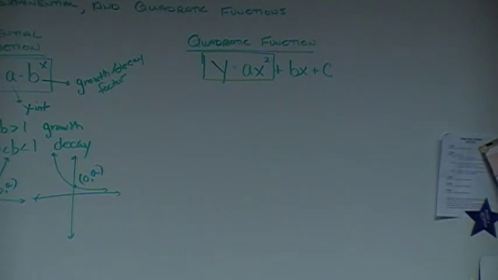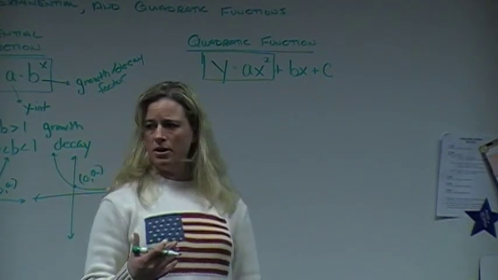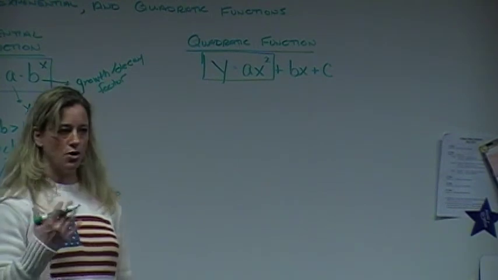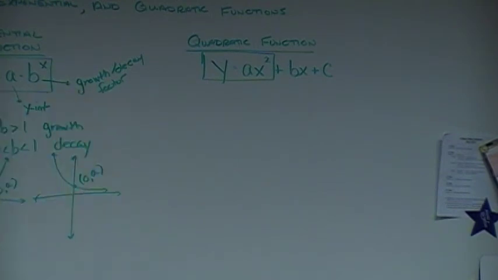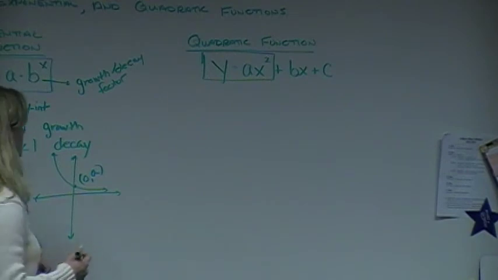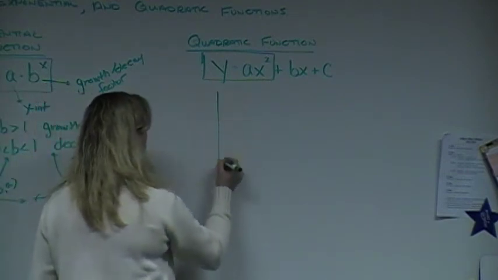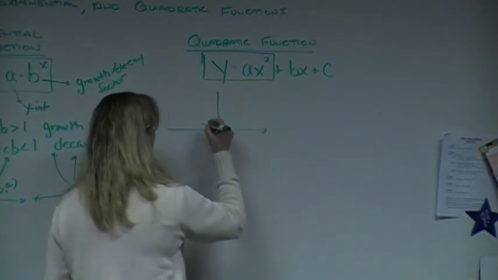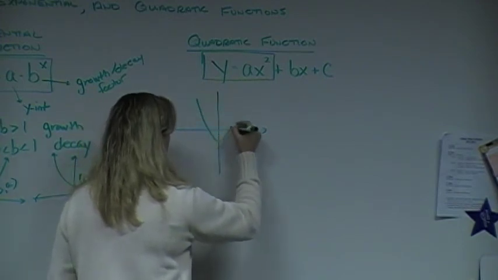We understand a. What does a do for us? It determines what for us in terms of the parabola? Opens up or down, exactly, Brandon. Good. So a is always going to determine whether our parabola opens up or down. If a is positive, it opens up, and we have a minimum value. And if a is negative, it opens down, and we have a maximum value of our graph. So if a is positive, we would have a graph looking somewhat like this, wouldn't we?